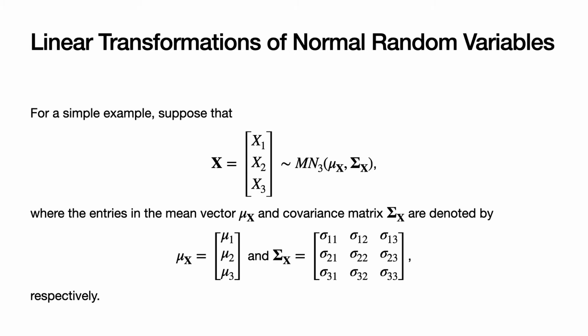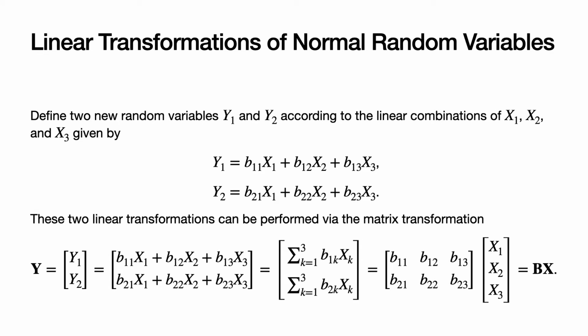The off-diagonal elements are the covariances between pairs of variables. And so sigma 1,2 is the covariance of x1 and x2. Sigma 1,3 is the covariance of x1 and x3. And sigma 2,3 is the covariance of x2 and x3.